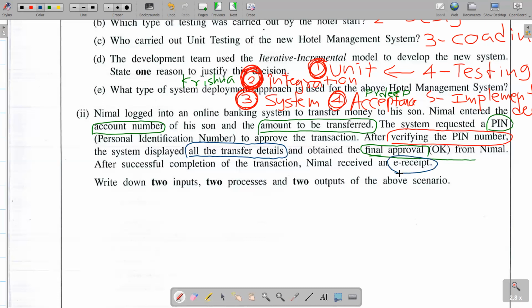In the explanation, we can capture only one process, verifying the PIN number, and the other processes are just inside the scenario, hidden. To display all the details, you have to process the details regarding the transaction. So that can be an answer as well.